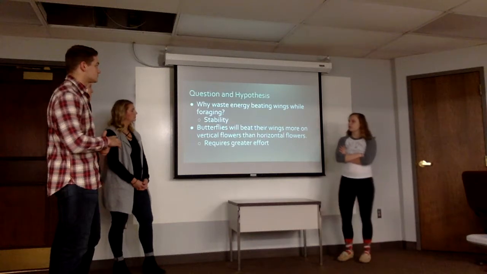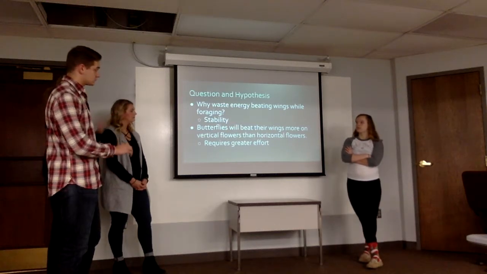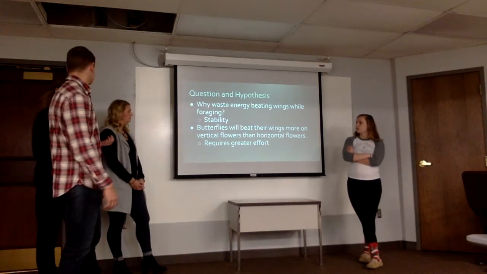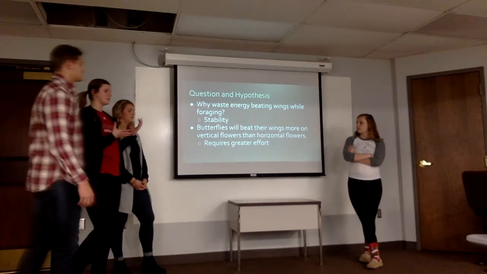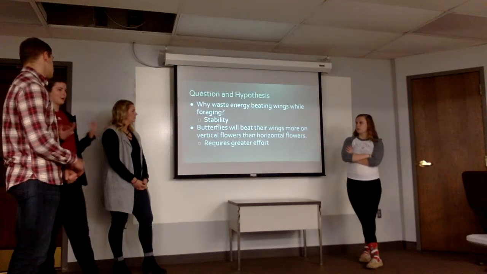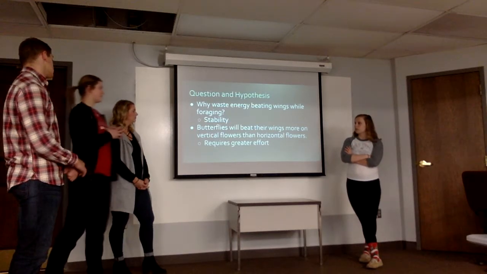Okay, so this brought a question for us, which was why waste energy beating wings while foraging to stabilize itself? Why would a butterfly hover and flap its wings more to forage and use more energy than what it's gaining?